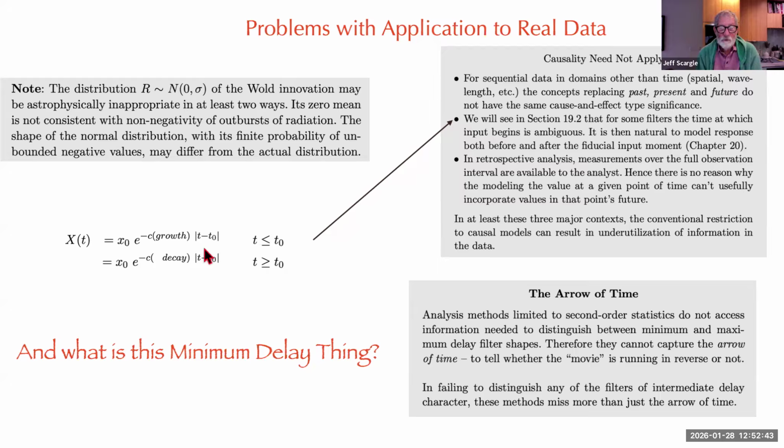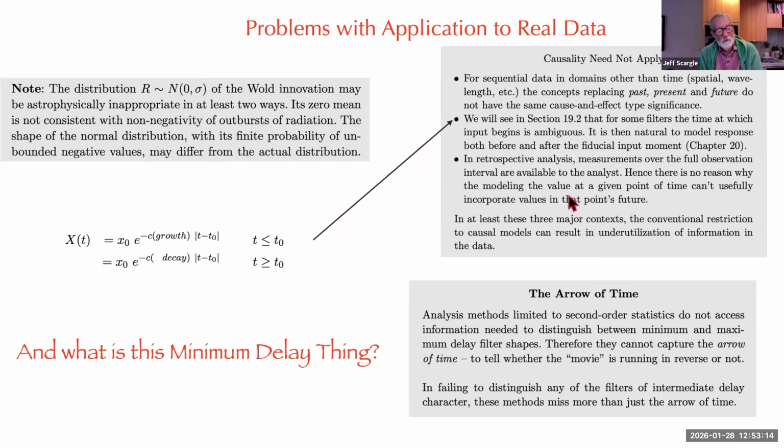So even in the time domain context, there are some cases where causality is not relevant in some sense because you can't identify the origin where the causal input comes about. And if you think about it, in retrospective analysis, once you're given data, you don't care about causality.